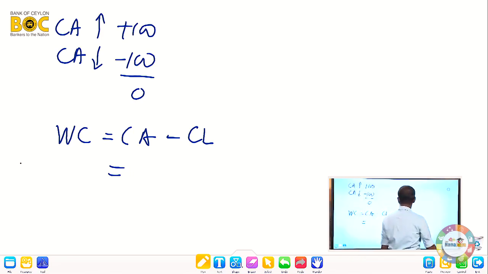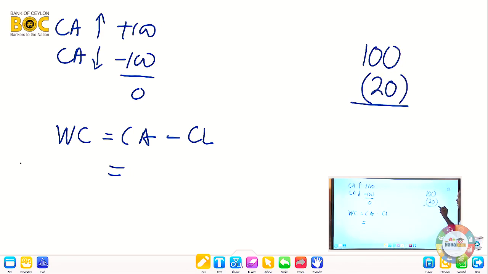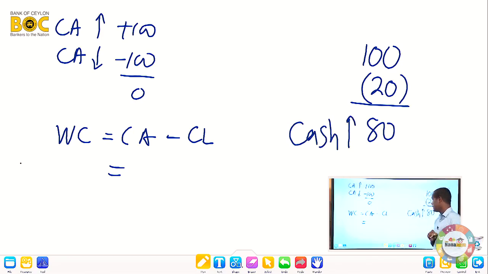Assume you get 100 worth of debtors, they pay after deducting a discount allowed, they pay 80. Then your cash increases by 80.